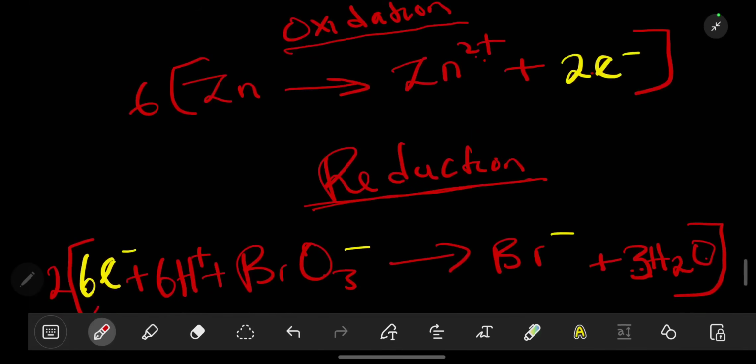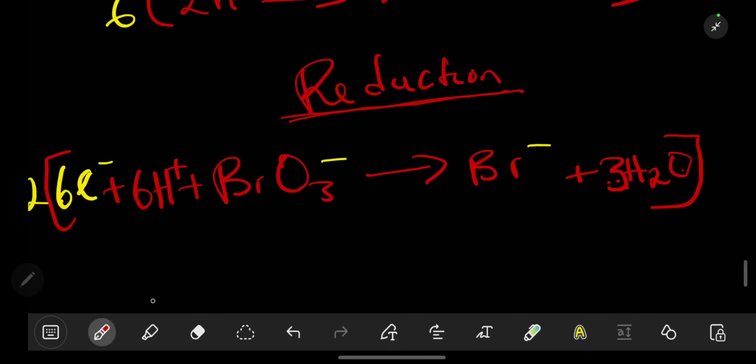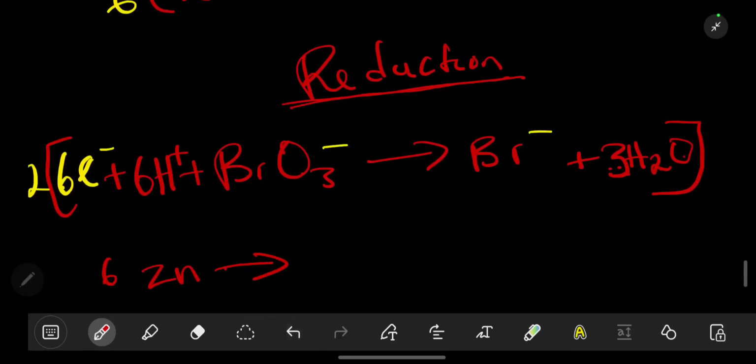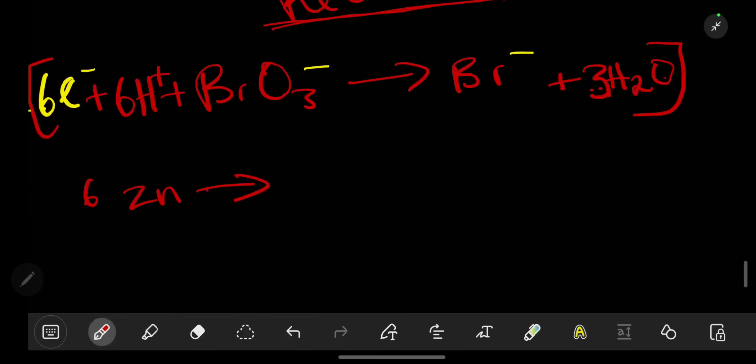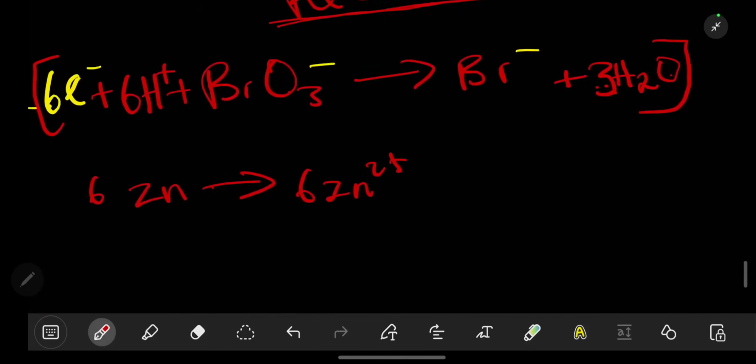Just interchange 2 and 6 number of electrons like that. So 6 times Zn will give you 6 Zn, to produce 6 Zn2 positive, 6 times 2, that will give us a 12.